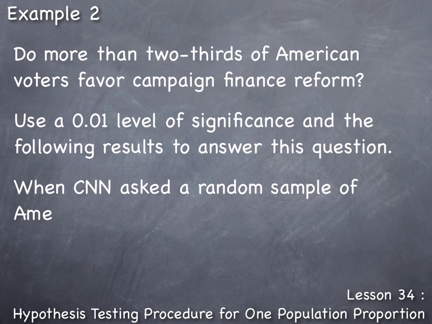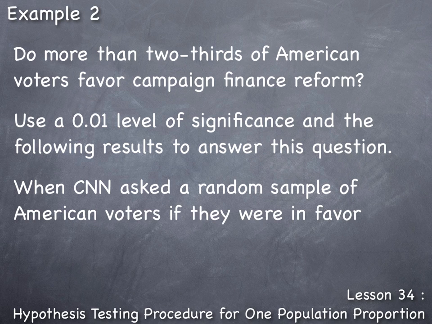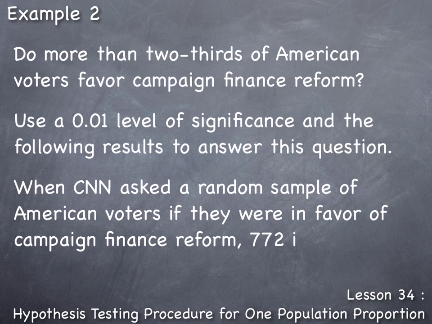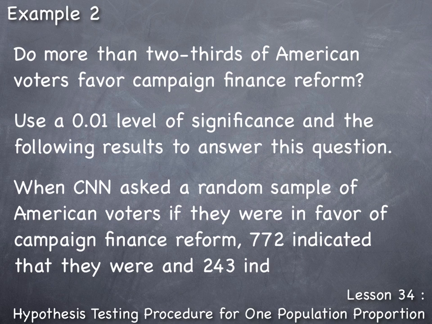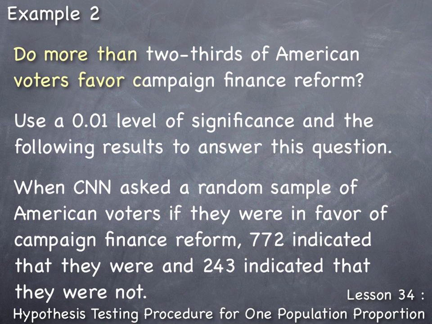When CNN asked a random sample of American voters if they were in favor of campaign finance reform, 772 indicated that they were in favor, and 243 indicated that they were not in favor. So this question, do more than 2/3 of American voters favor campaign finance reform, has two possible answers.